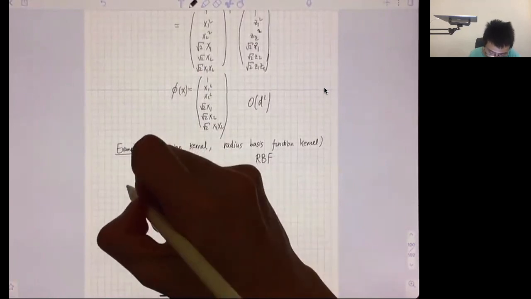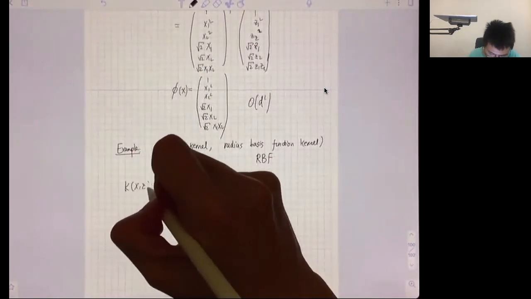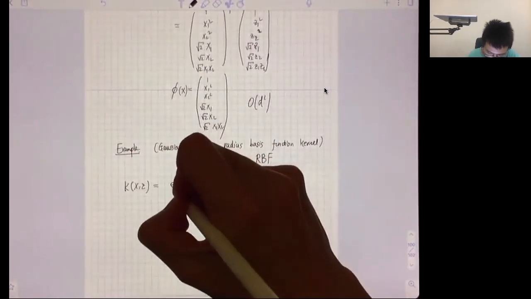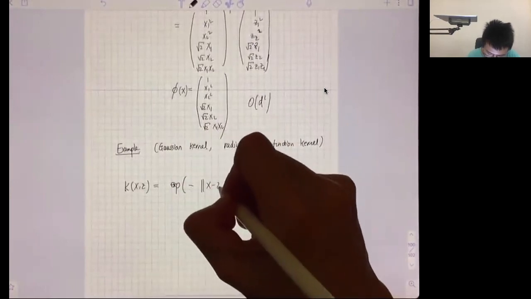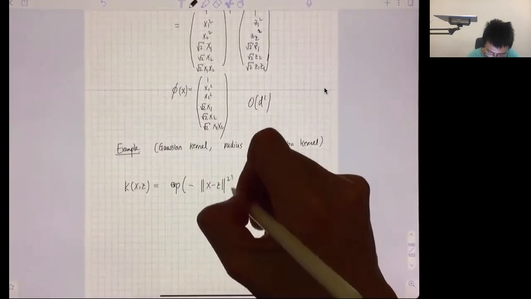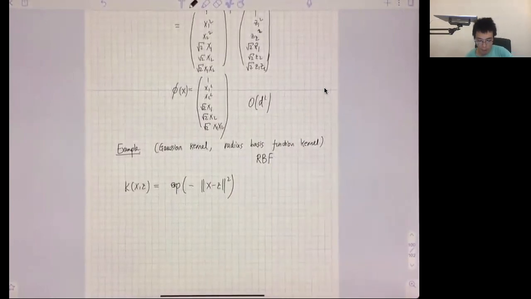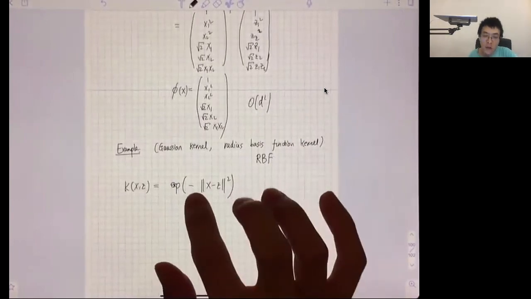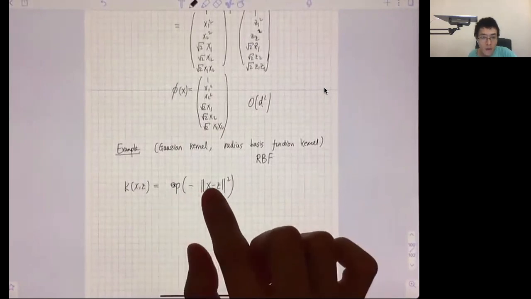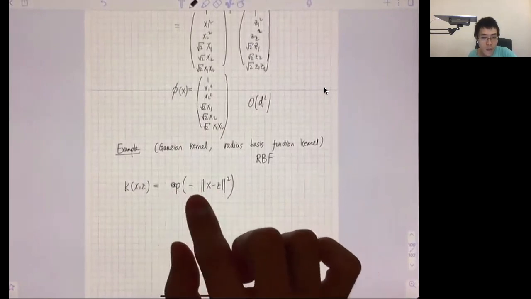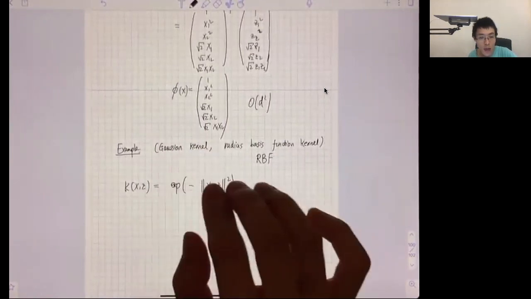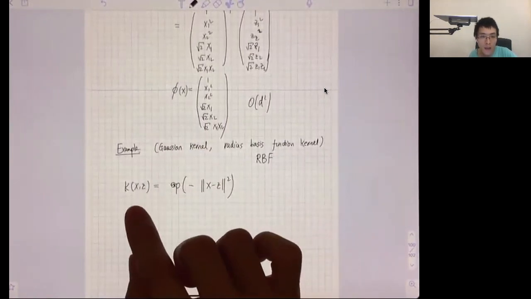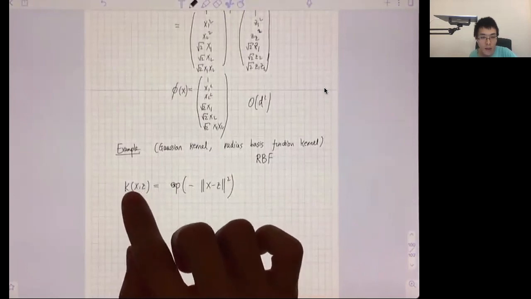It basically says the inner product of X and Z is the exponential of minus the X minus Z difference. So this is not a Gaussian distribution, but it's still quadratic in exponential decay, so we call it Gaussian kernel. It's not a distribution. So it just tells you what is the inner product of X and Z.